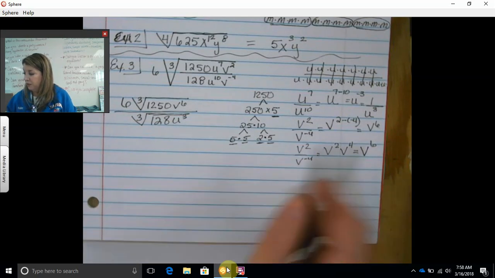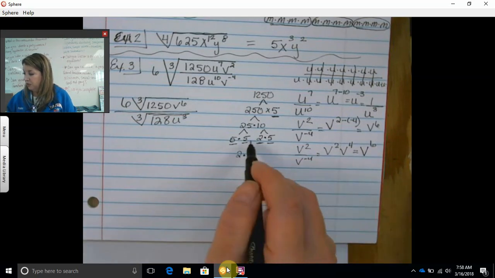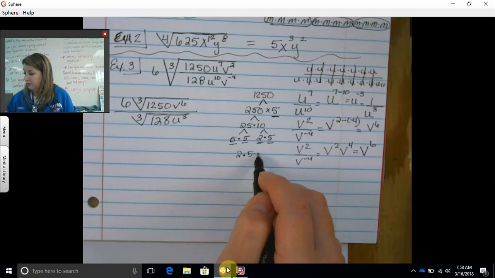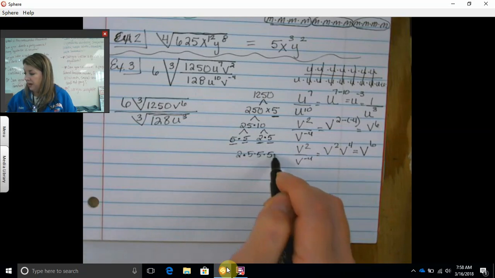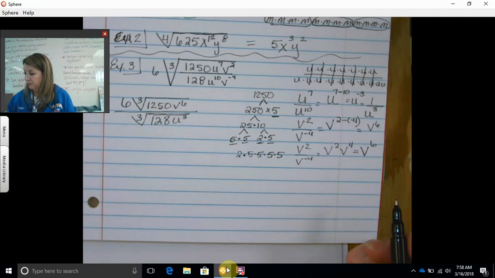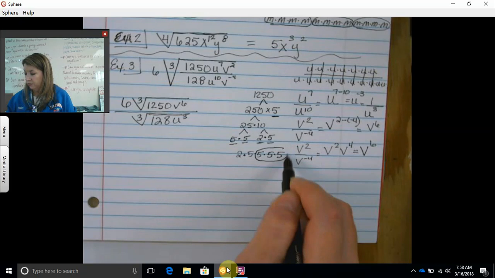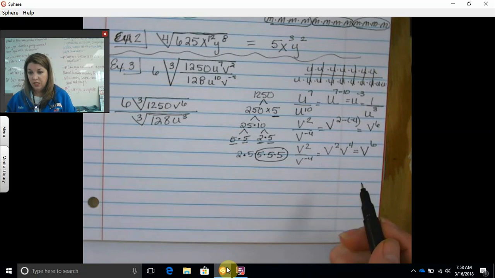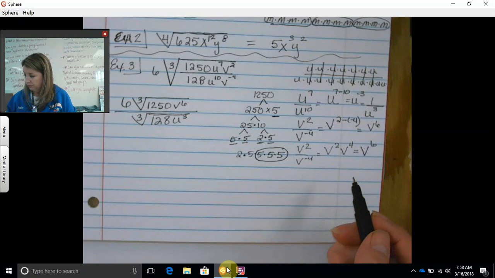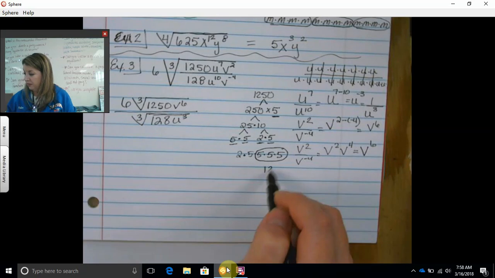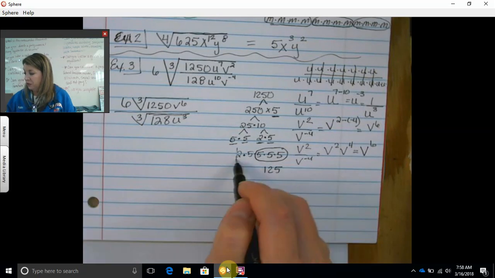So I'm going to write all my prime factors. 2 times 5 times 5 times 5 times 5. I need groups of 3. What's 5 times 5 times 5? 125. And then whatever's left, just multiply it together.